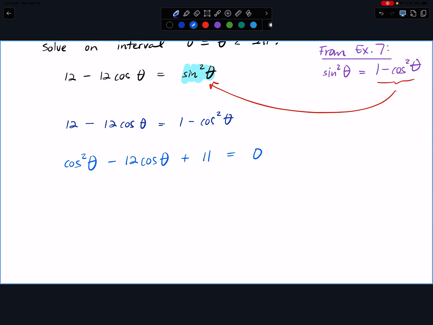Is everybody cool with that? Yes, no, C? Okay. So remember, this really means x squared minus 12x plus 11 equals 0. So I'm going to factor it.